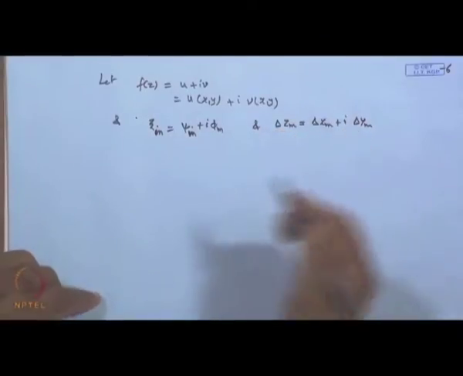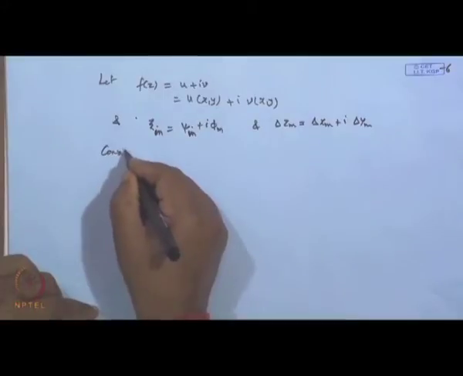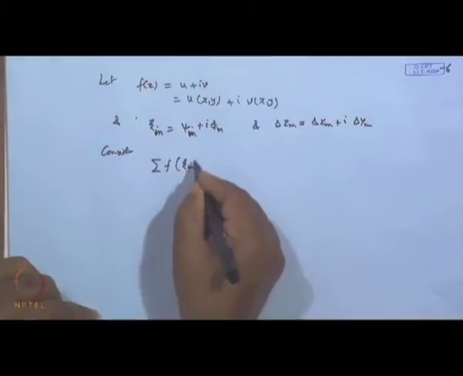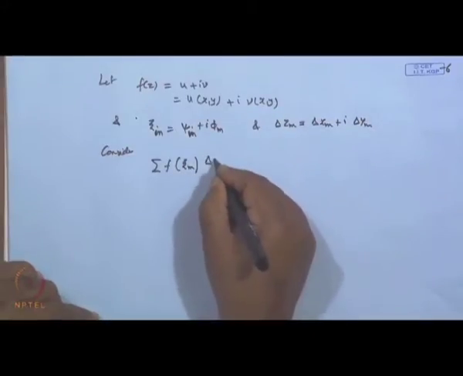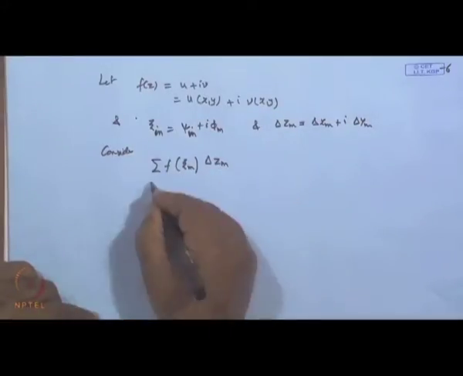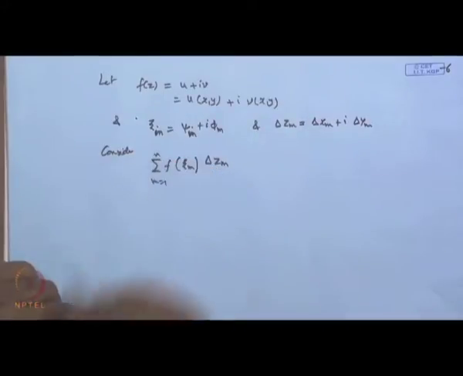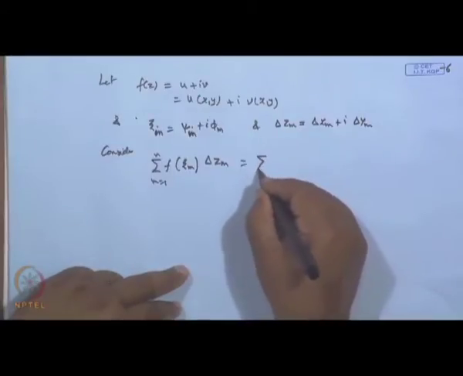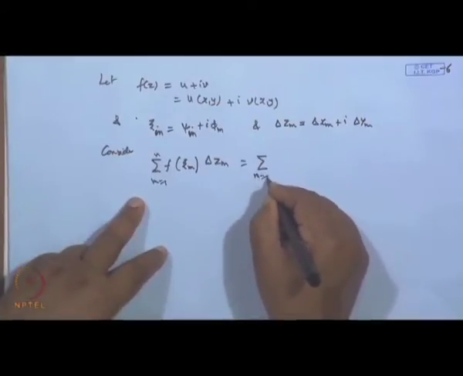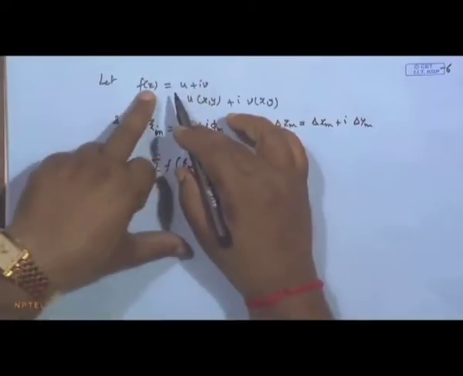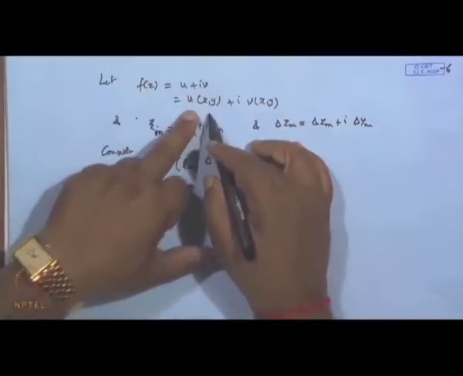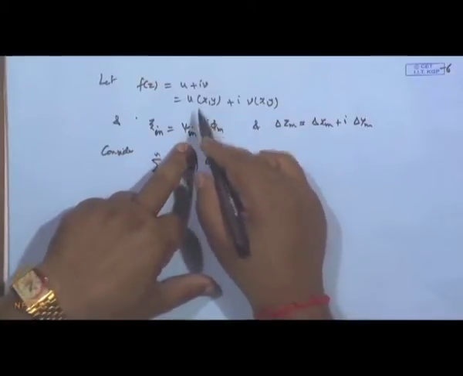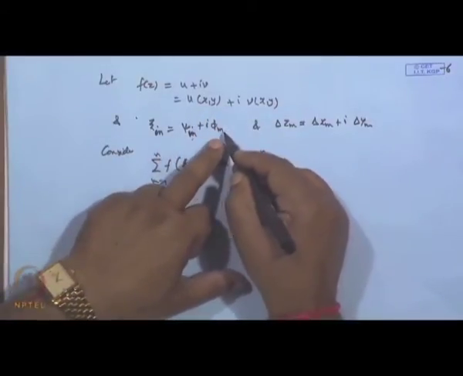Now, construct this sum. Consider the sum over m from 1 to n of f(xi_m) times delta z_m. So, this will be equal to the sum, m from 1 to n, of f at the point xi_m, eta_m. So u and v will be functions of xi_m and eta_m both, is it not?